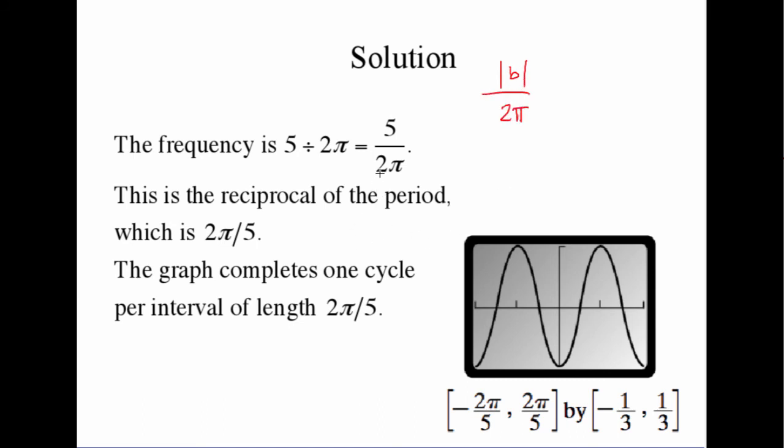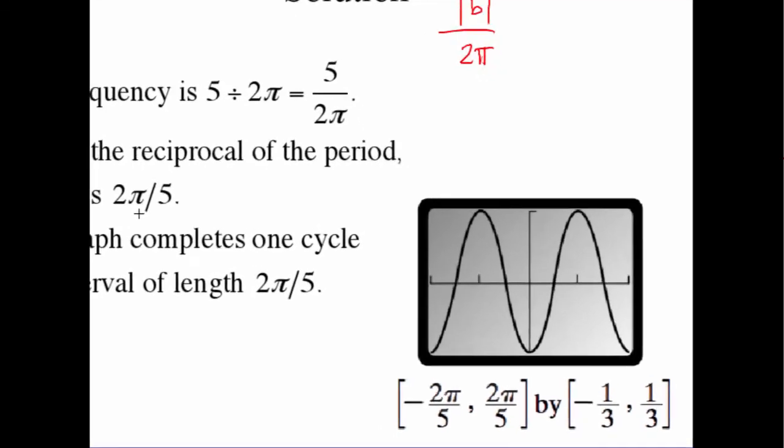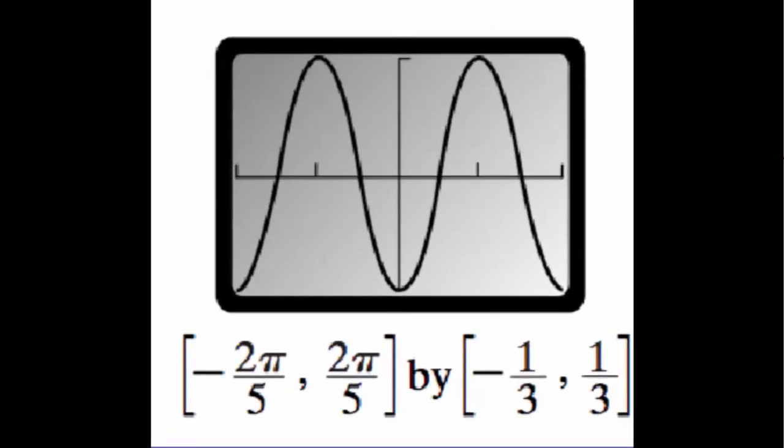So if we apply that to this equation, our frequency is 5 over 2 pi. The reciprocal of that is the period, which is 2 pi over 5, which, remember, tells us that this function completes one cycle in the interval 0 to 2 pi over 5. So starting here and ending here, this value right here is 2 pi over 5.